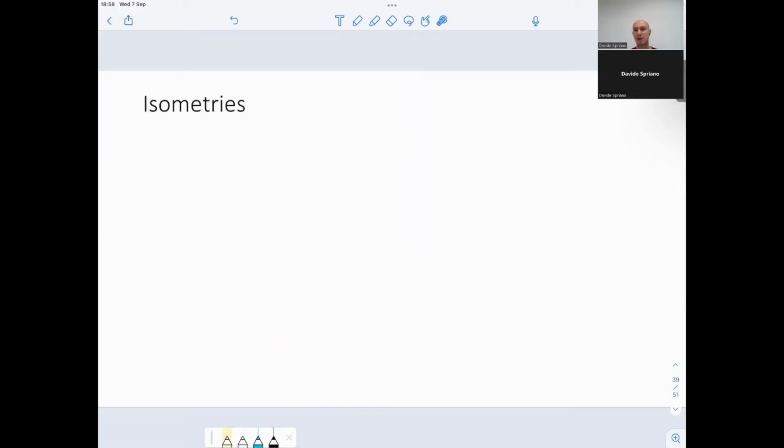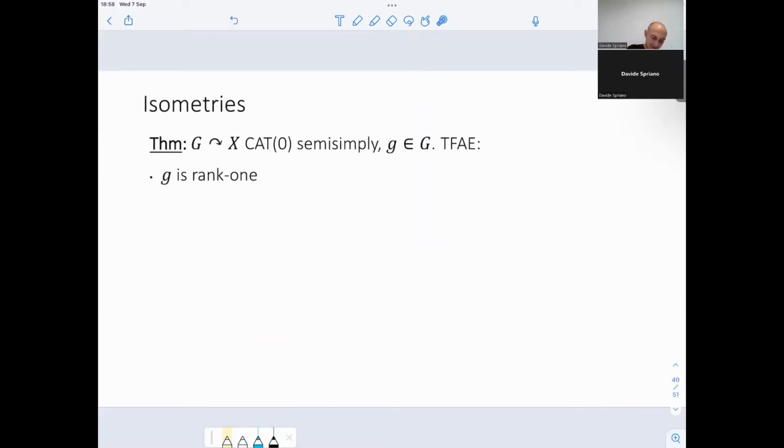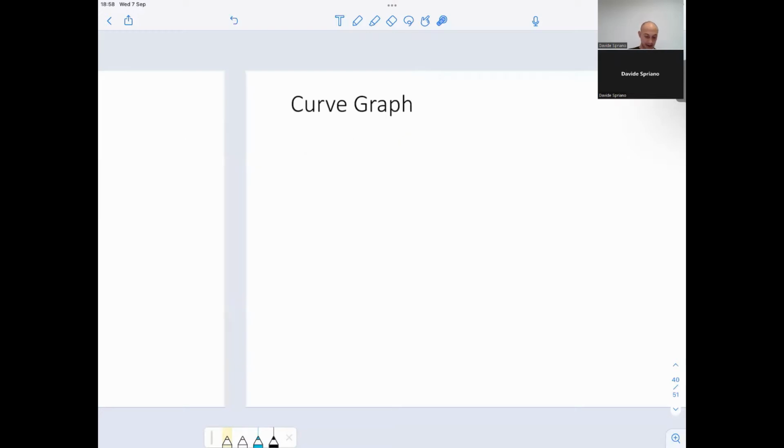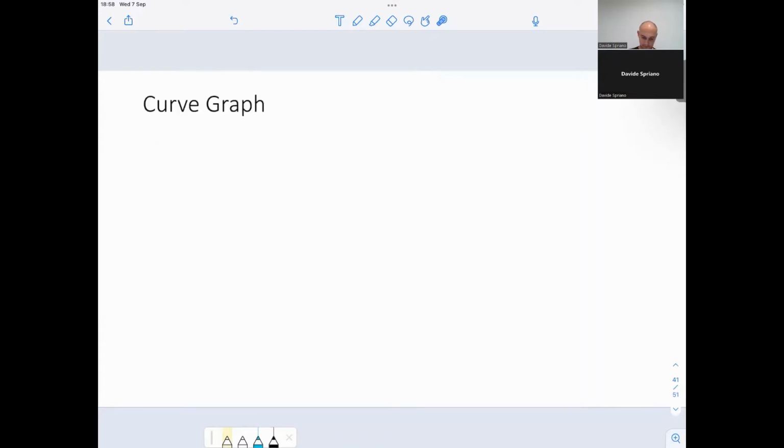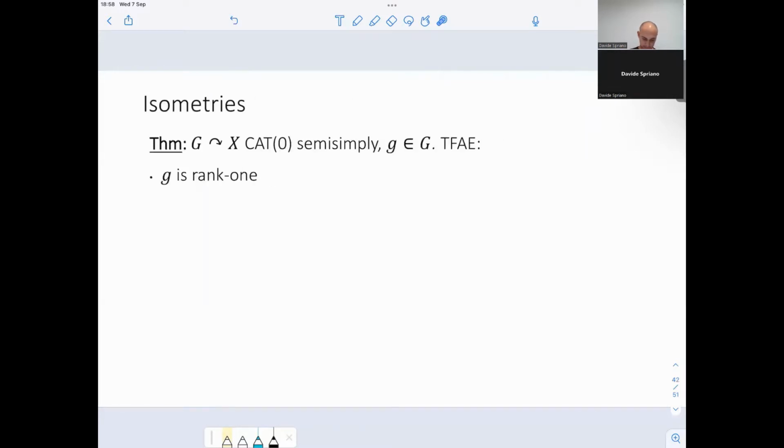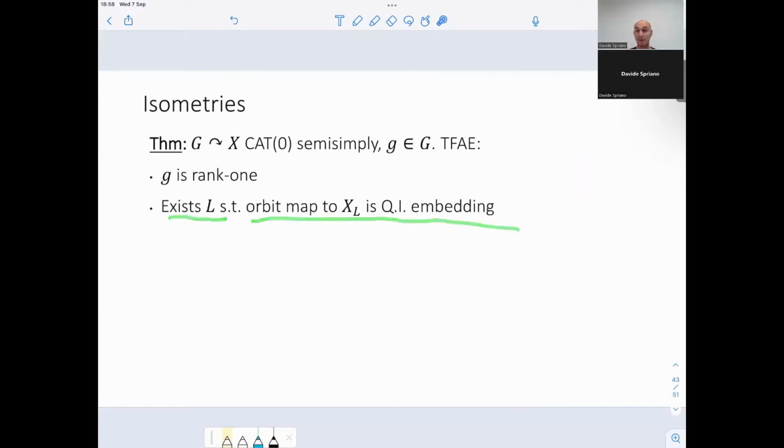Okay? And so now let's get to the theorems. If I have a group G that acts on a CAT(0) space semi-simply, and I have a group element, the following are equivalent. G is rank 1 if and only if there exists some L such that the orbit map into XL is a quasi-isometric embedding.